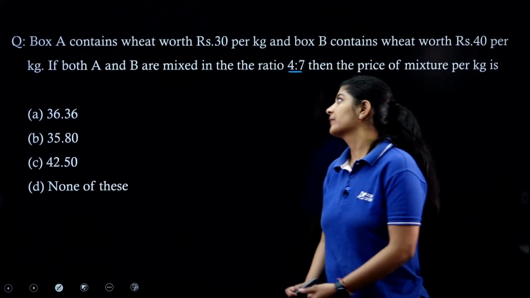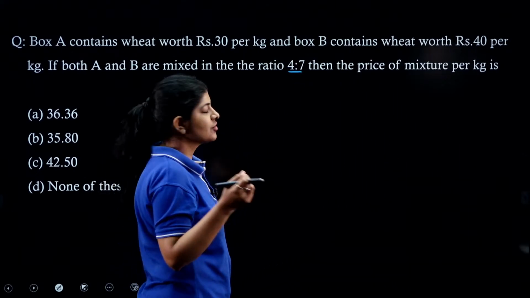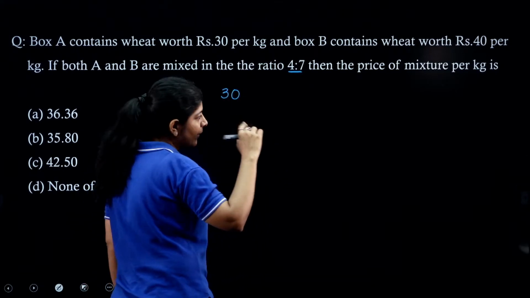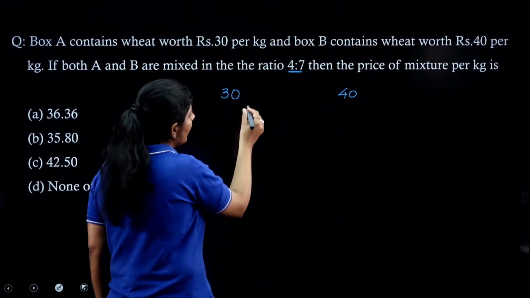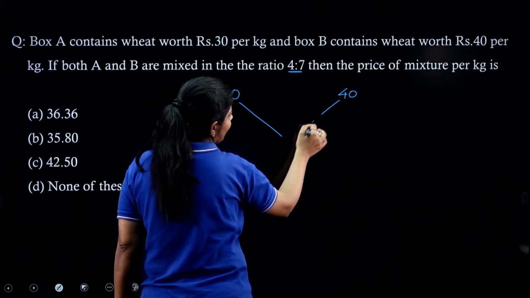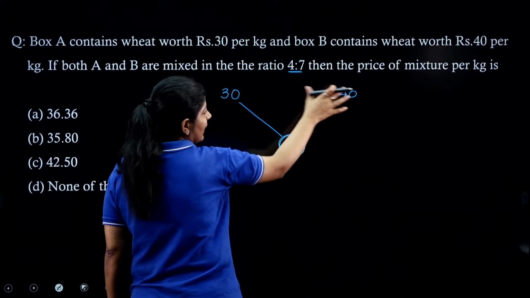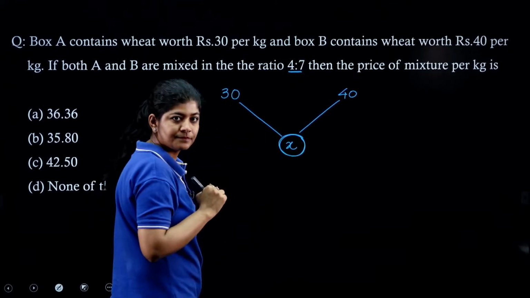Innocent A. Let's see. So here we know that we can easily apply the alligation over here. 30 is the price of one type of wheat and 40 is the second type of wheat, right? We don't know the price of the mixture which we put over here, but we know that this is somewhere in between these two values, right? So I'm just putting it as x.